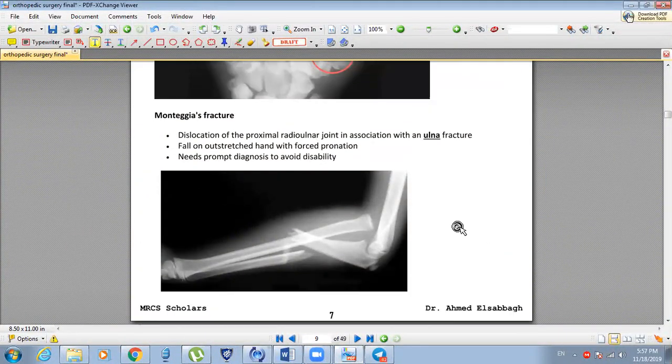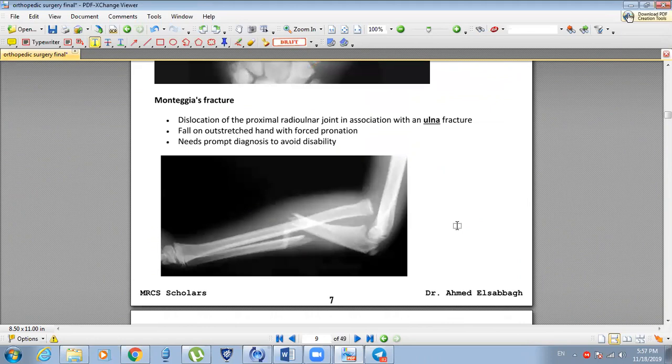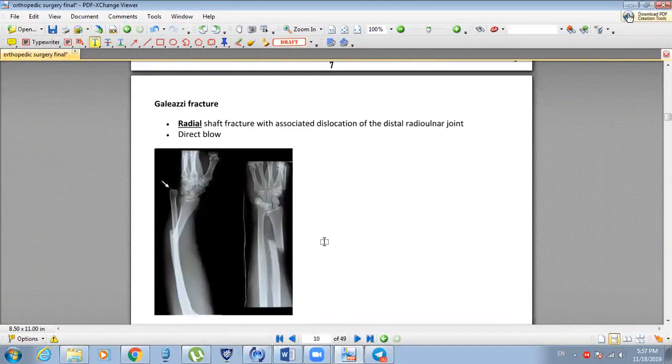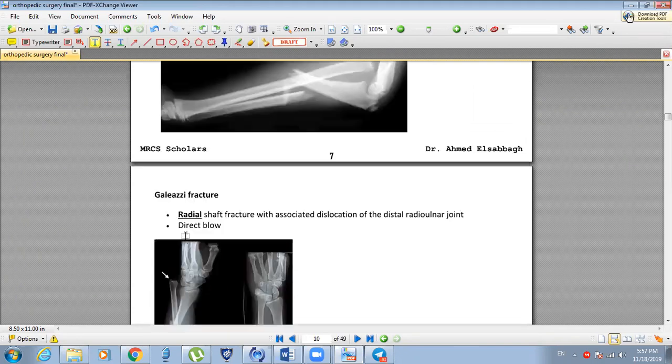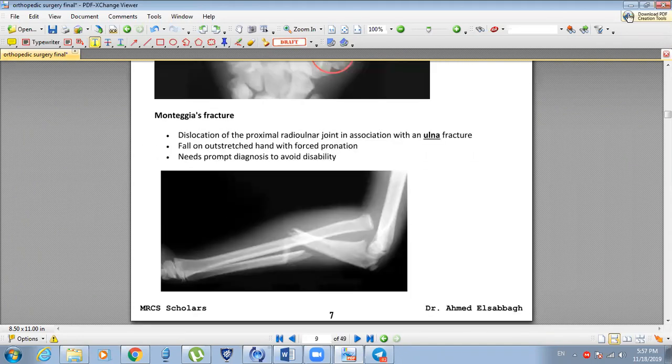Now about Monteggia and Galeazzi. Very, very common. One has a fractured ulna and the other has a fractured radius. How can we differentiate?